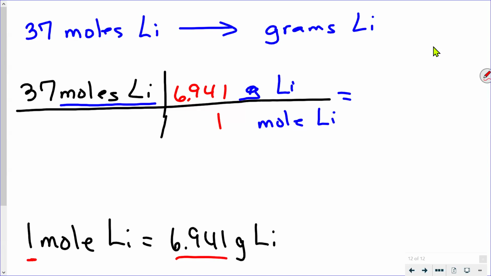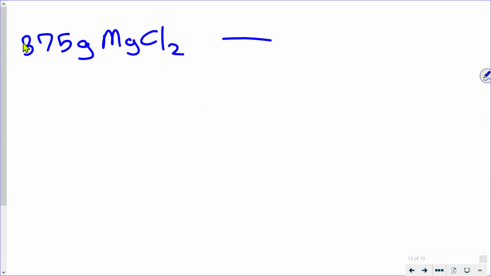So, wanna do a more difficult one? Sure, absolutely. All right. So I have 375 grams of magnesium chloride. Find the moles.